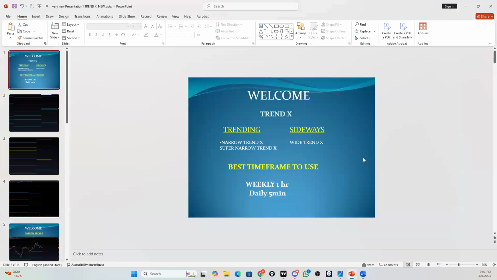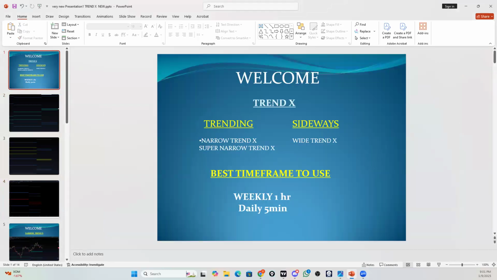Before I start, I'll show you this. Every trader wants to know whether the market will be a sideways, trending, or volatile day. That is very important. Here we have the trending days. We have narrow Trendex and super narrow Trendex, and these are trending days.